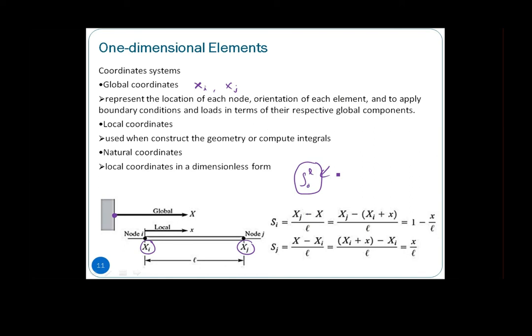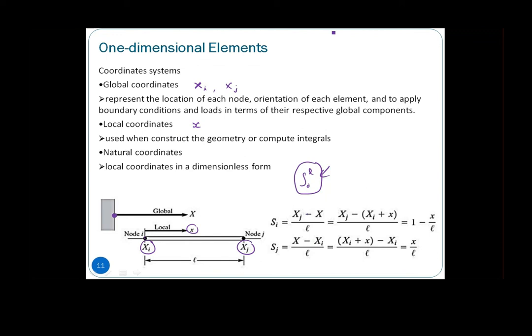Here, if you have a local coordinate, then it starts from the node. Starting from the node, you have this x itself, represented by a lowercase or small letter x, and that represents the position or location of that particular point or node in terms of its own element itself.